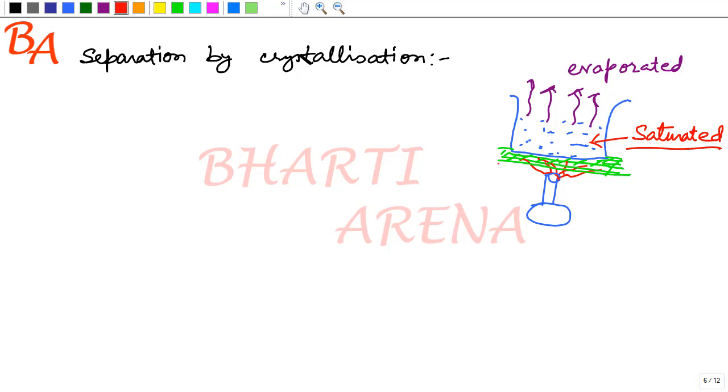When the solution attains the saturation point, that is, the solution becomes saturated, it is cooled.